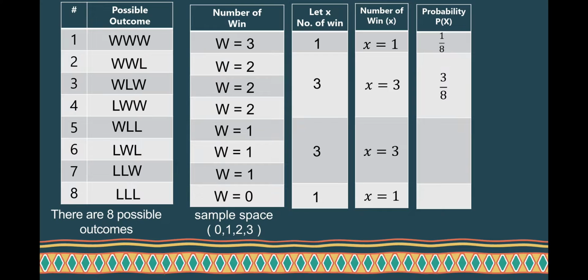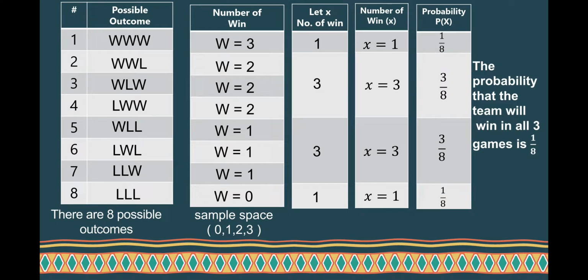In winning 1, there are 3, so that is 3 out of 8 possible outcomes, so that is 3 over 8. And for 0 wins, which is 1, that is 1 out of 8 possible outcomes, so that is 1 over 8.